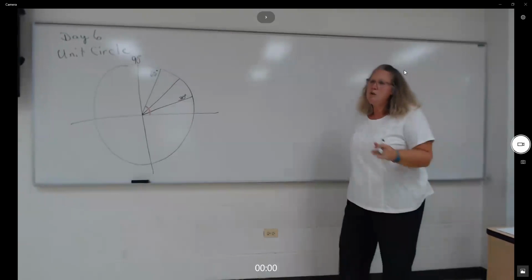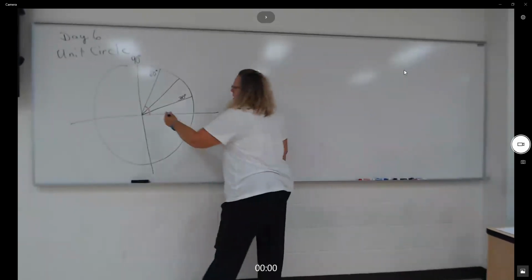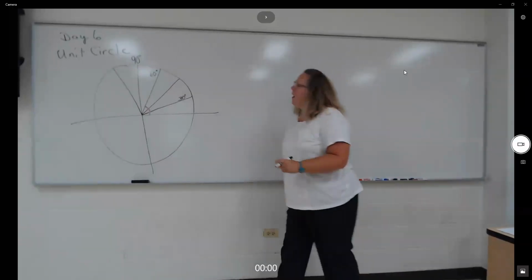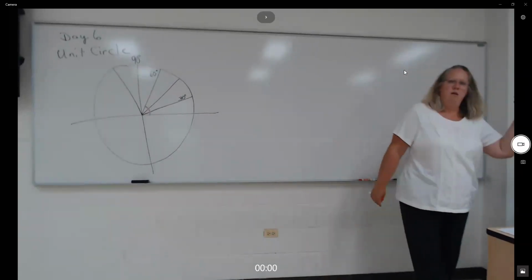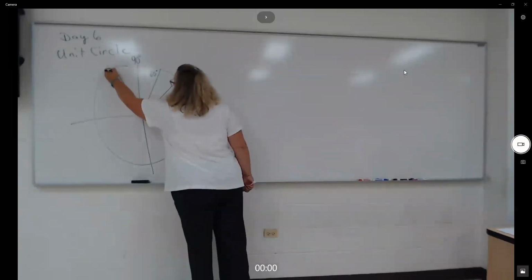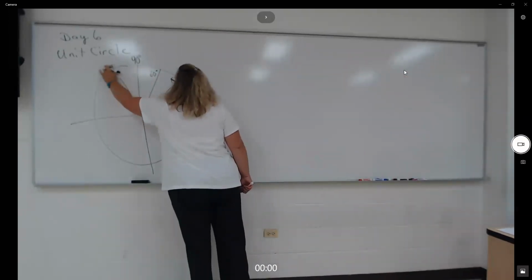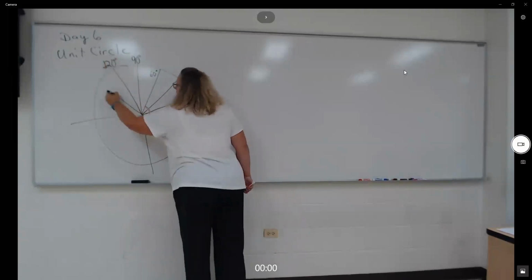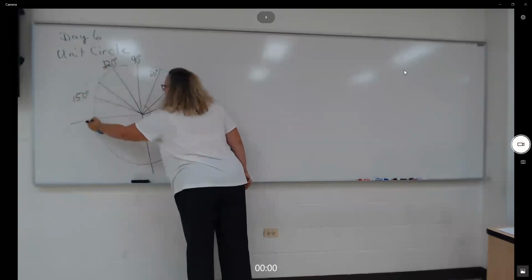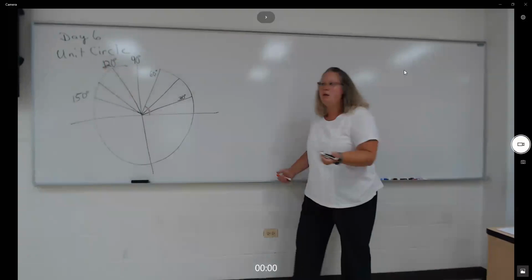We're not going to use the degrees a whole lot, but it's a good place to start. After 90, counting by 30, comes 120. Skip the middle one, and then comes 150, and then halfway around the circle, we're at 180.